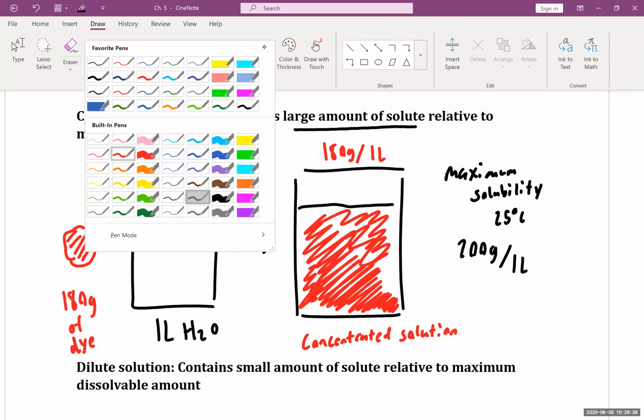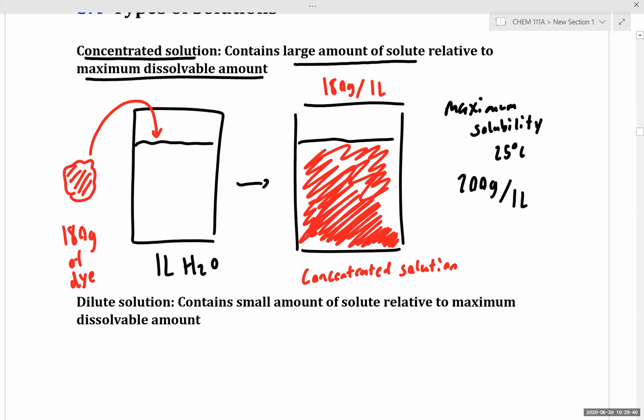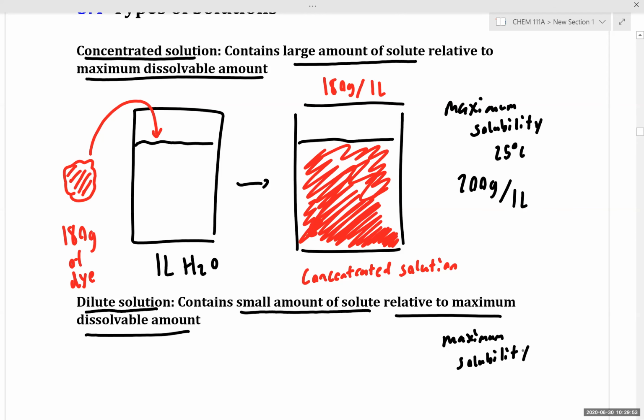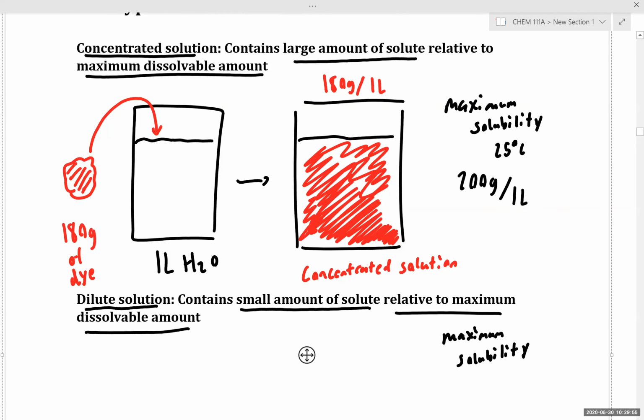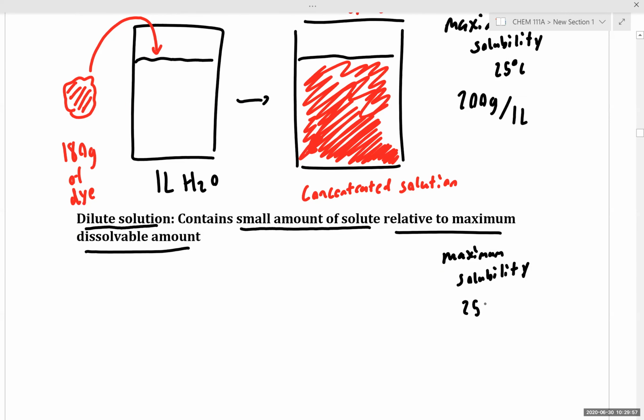Okay, let's talk about the other type of solution. A dilute solution contains a small amount of solute relative to the maximum dissolvable amount. So let's pretend this time our maximum solubility at 25 degrees Celsius is 200 grams per 1 liter.